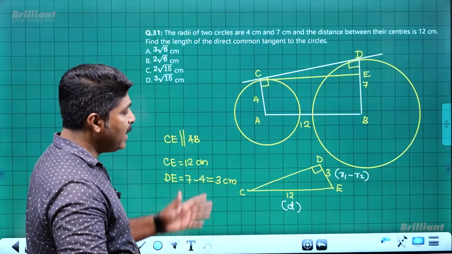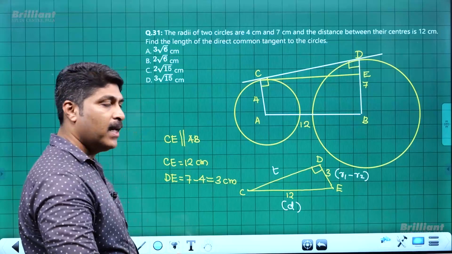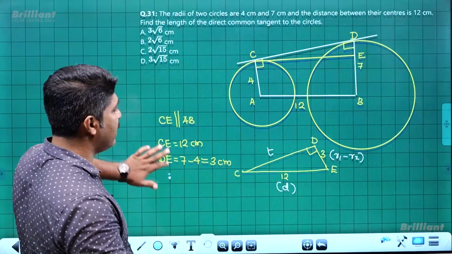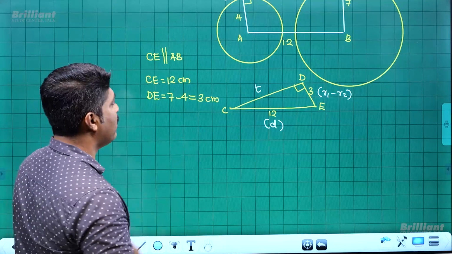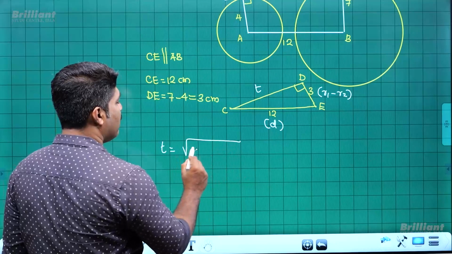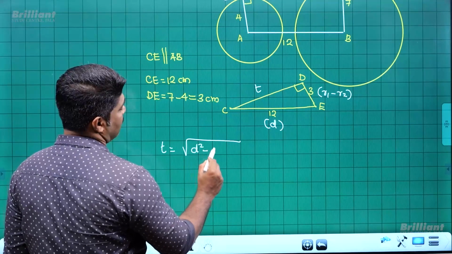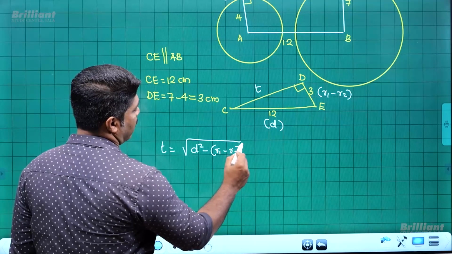So then what is this tangent length? Suppose the tangent length is T. How can we find this tangent length? We can directly apply the result, the application of Pythagoras theorem. So the length of this tangent is the square root of d square minus (R1 minus R2) the whole square.